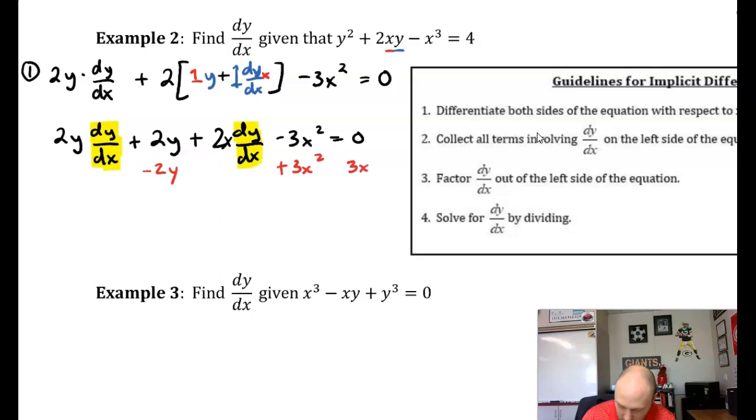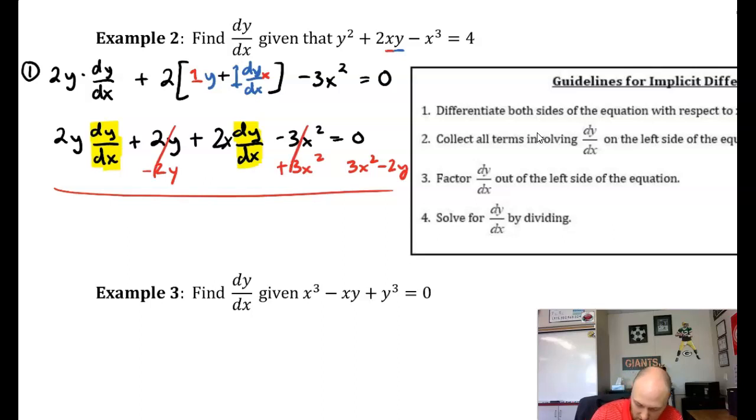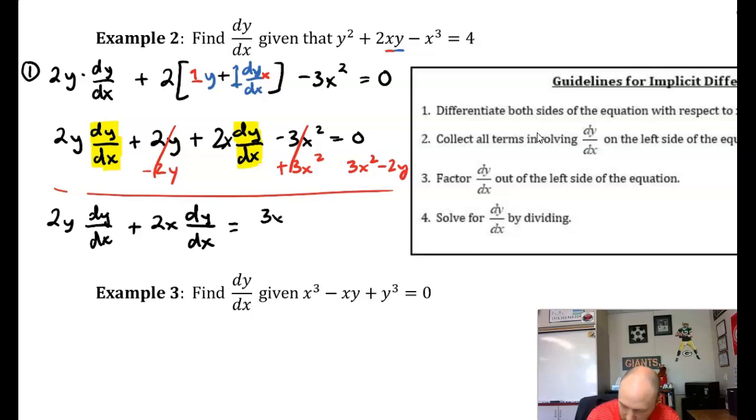So we have 3x squared minus 2y. These cancel, and we get 2y dy dx plus 2x dy dx is equal to 3x squared minus 2y.